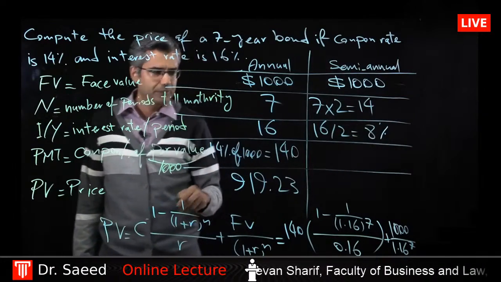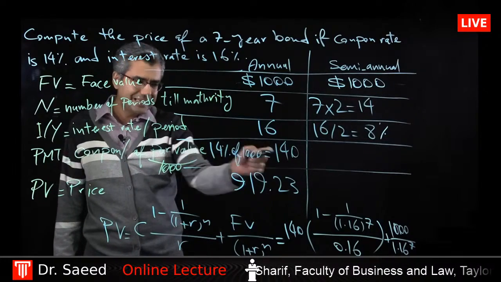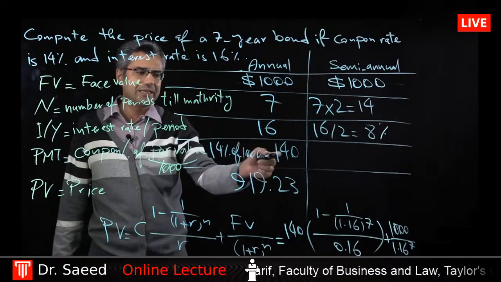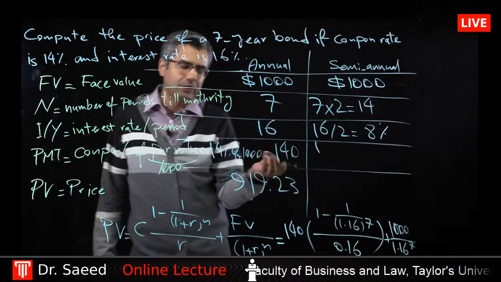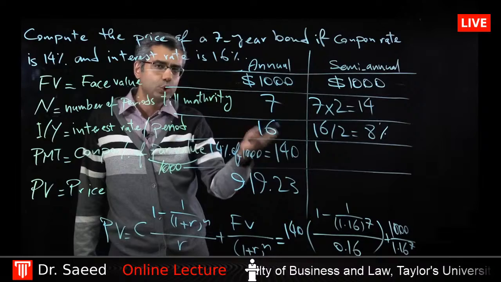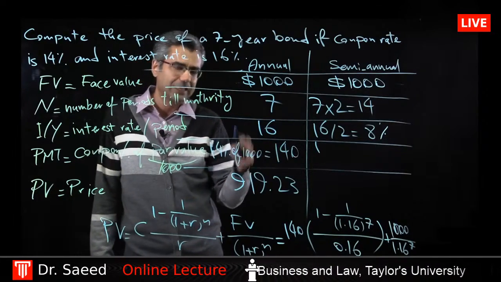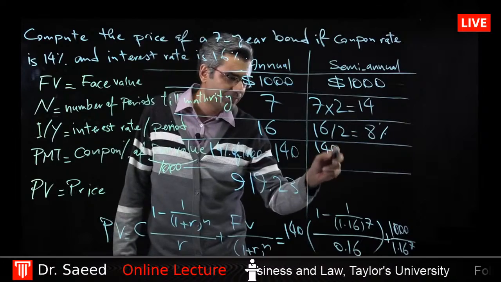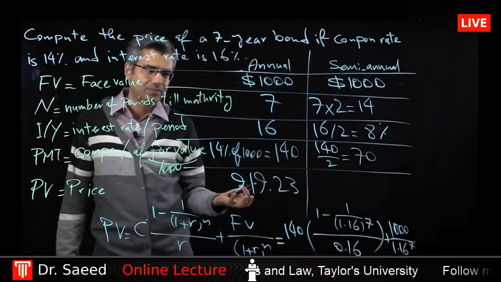Then payment, coupon per year, because it was annual, per year is 140. So the assumption is you will receive $140 payment every year. In other words, you will receive $70 every 6 months.